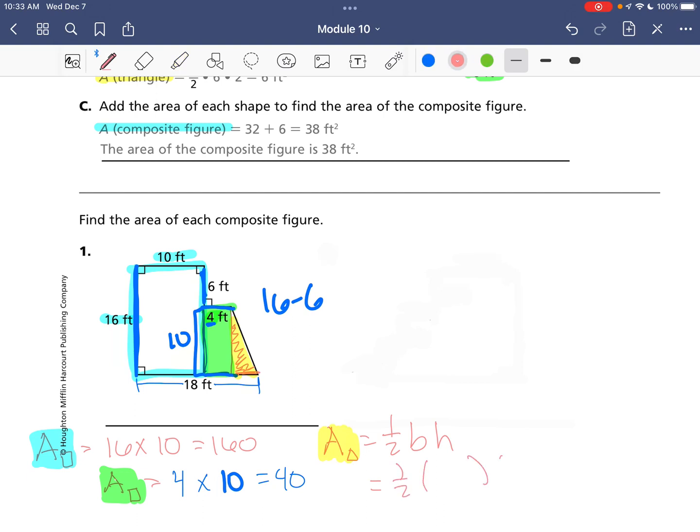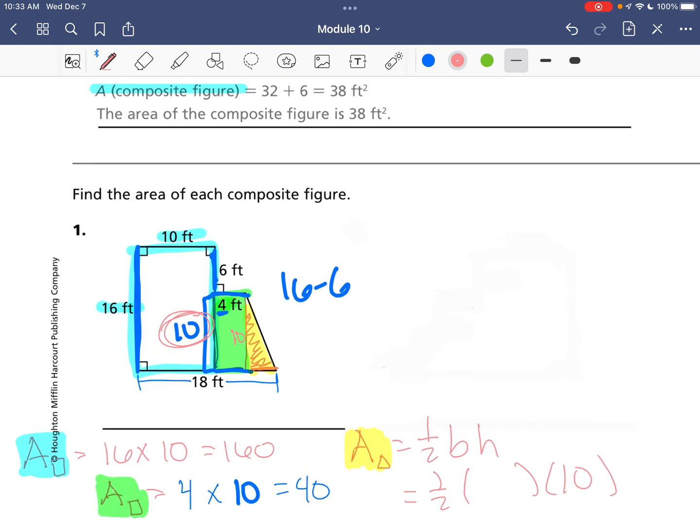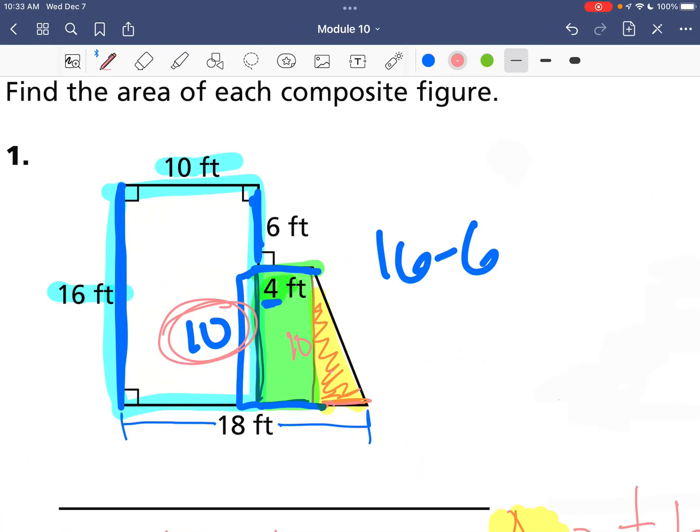1/2 base times height. And we know that that height is still going to be 10. But what is my base? Pause the video, play around with that. What is my base right here? What is this distance? We have a total of 18 minus 4 minus my 10.